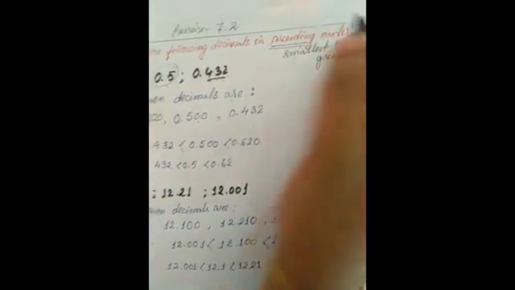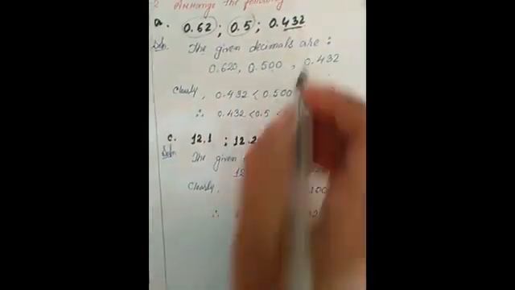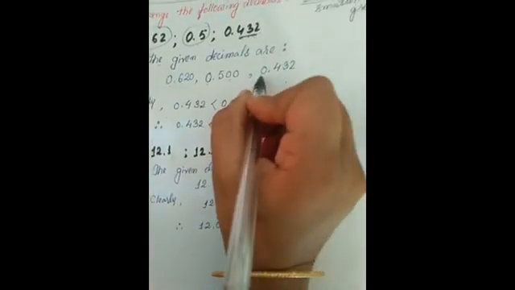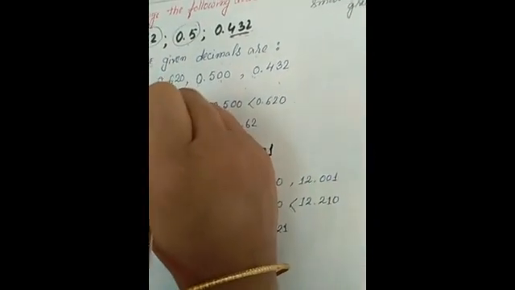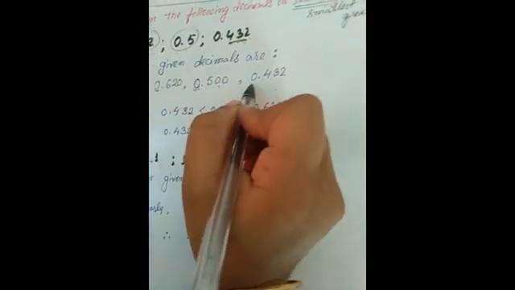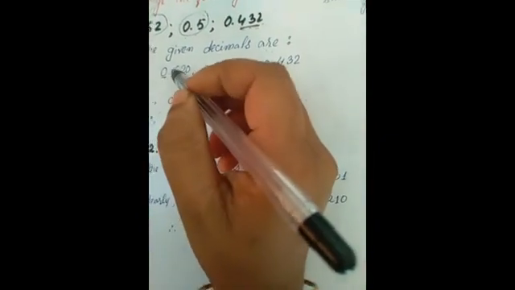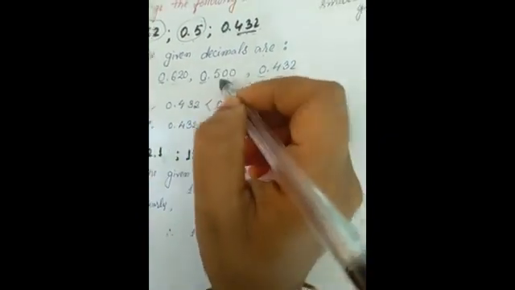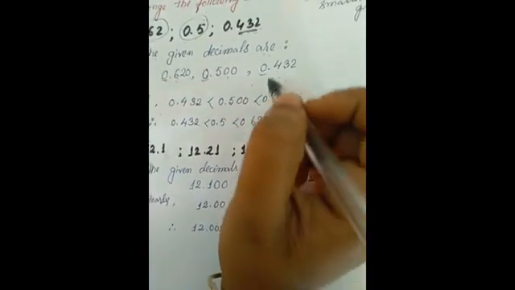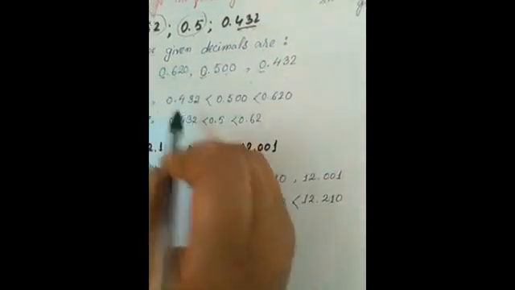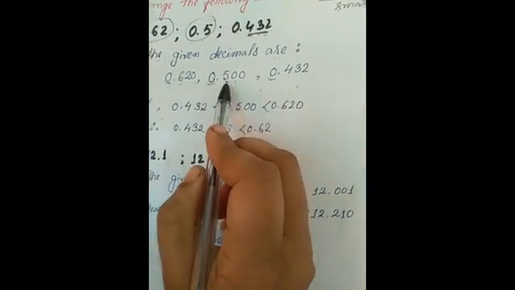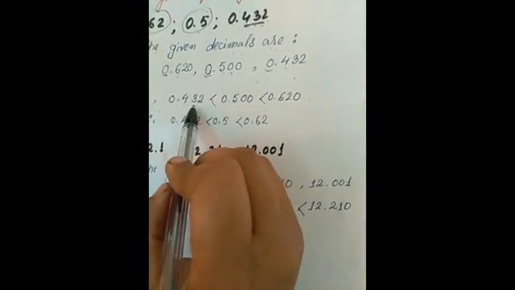Okay children, clearly you can see the whole part is 0 in all of them. The integral part is 0 here, here also 0, and here also 0. But in the tenths place, here it is 6, here 5, and here it is 4. So 4 is the smallest number, so it will be the smaller one, 0.43.